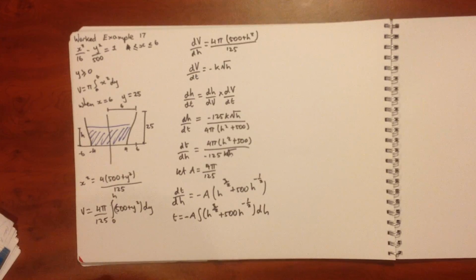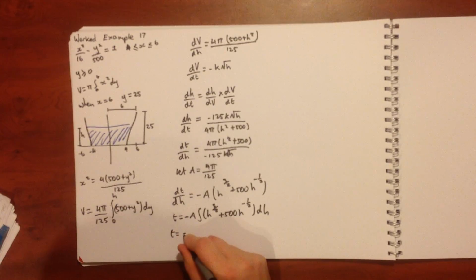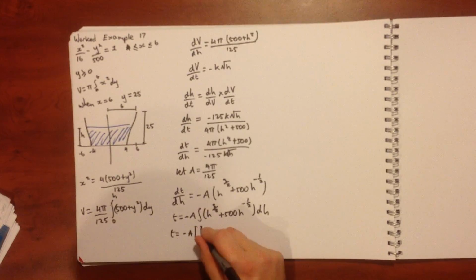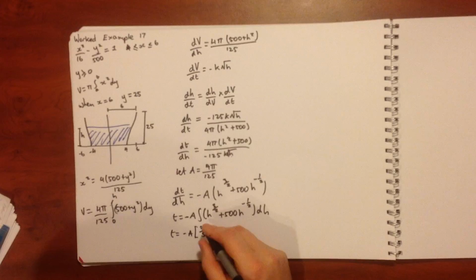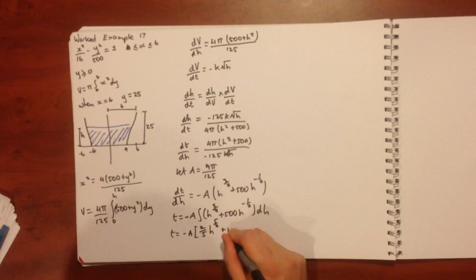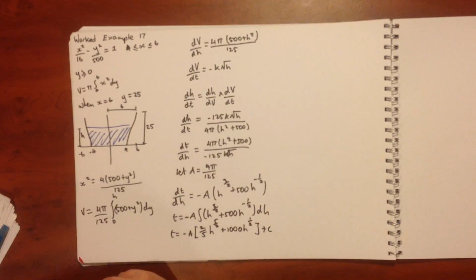Okay, and we can integrate that, so we get t equals negative a outside of 2/5 h to the 5/2, plus 1000 h to the positive 1/2, plus c. And c is our constant of integration.